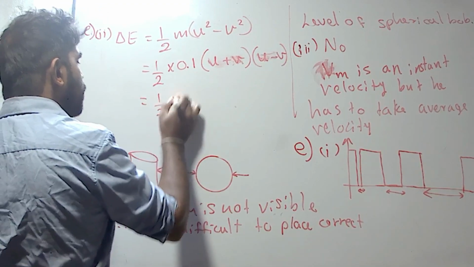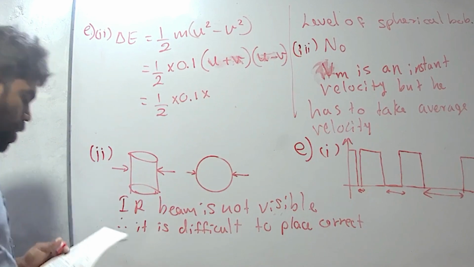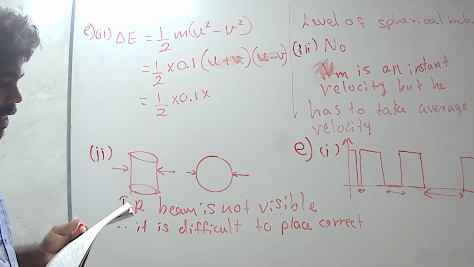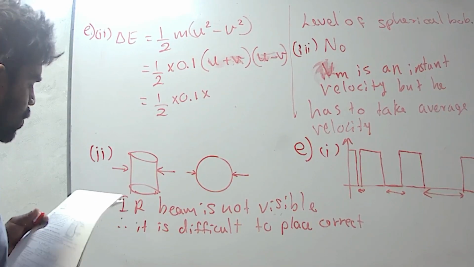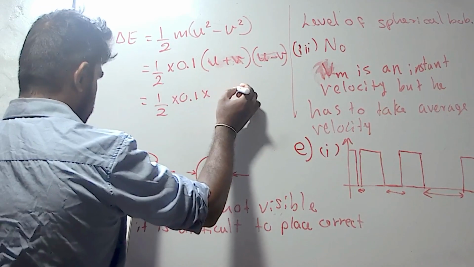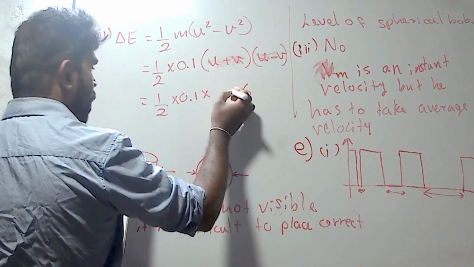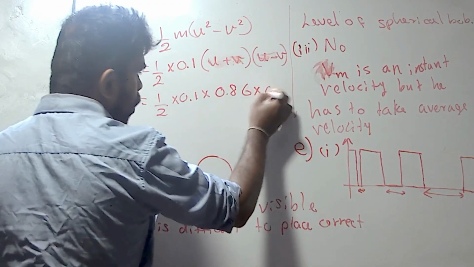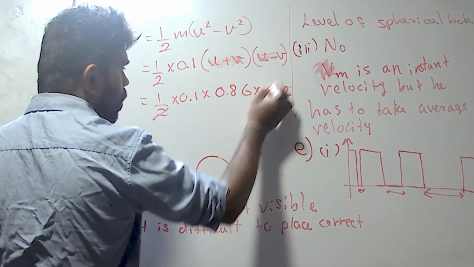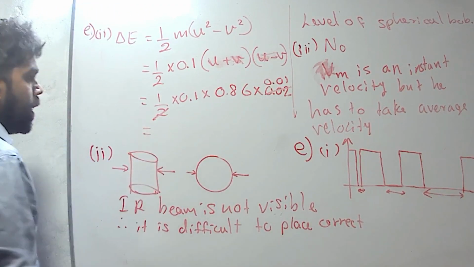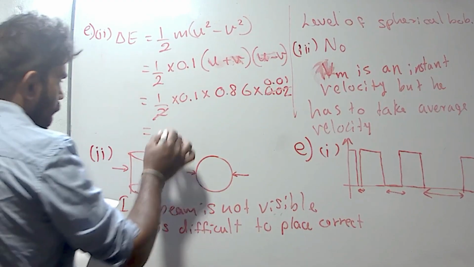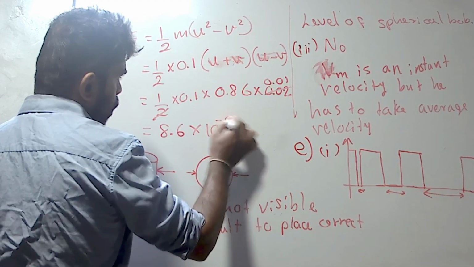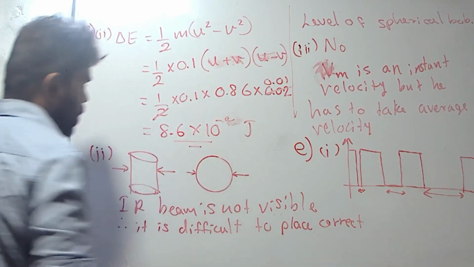Then half into 0.1 into, the u value is 0.44 and the v value is 0.42. We have to add them: 4 plus 2 is 6, 4 plus 4 is 8, 0.86. Then we have to subtract: 0.02. Then we can cancel out and we get the answer 8.6 times 10 to the power minus 4 joules. It is the energy loss.